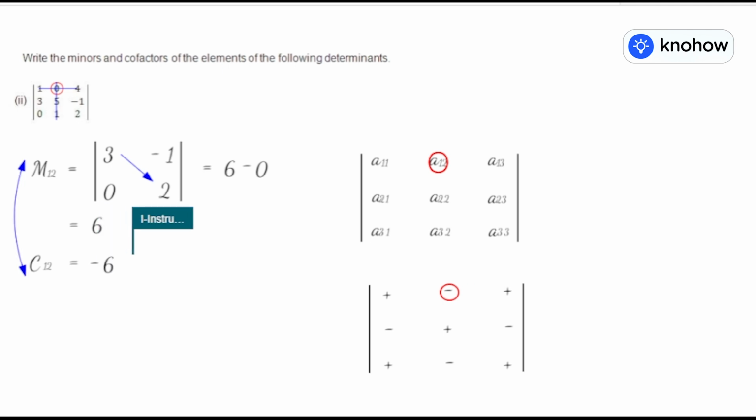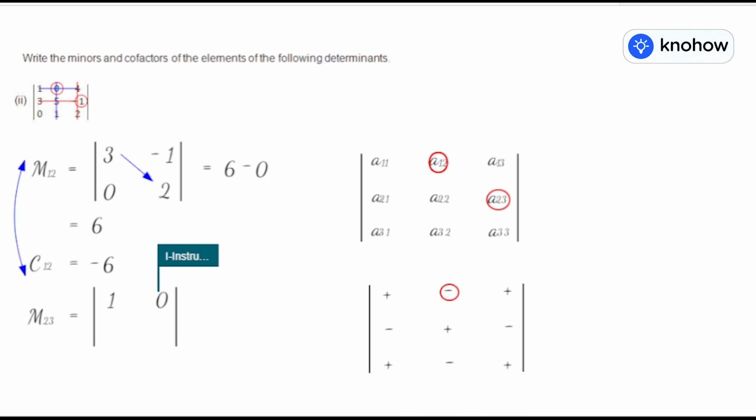You may work out one more, say 2, 3. Now what is the number here for this element? Say it is minus 1. So delete the row and column through minus 1. So what is the value of M23? Deleting the second row and third column, you are left with 1, 0, 0, 1.